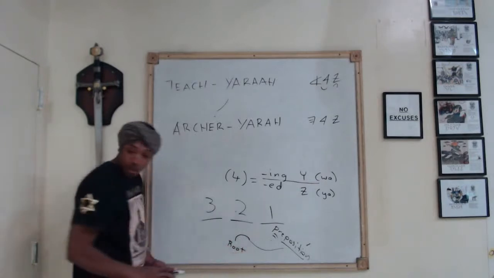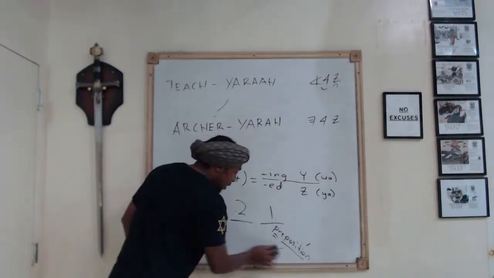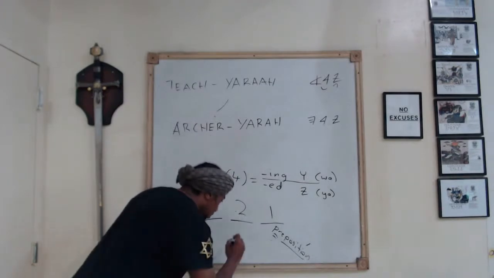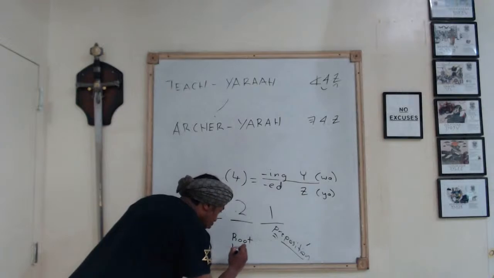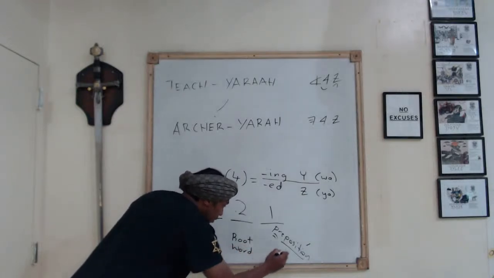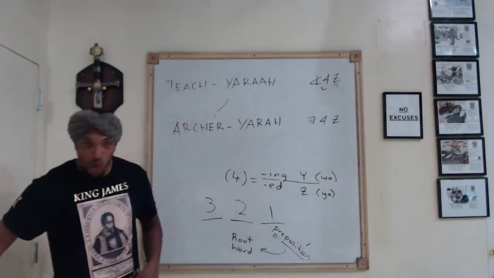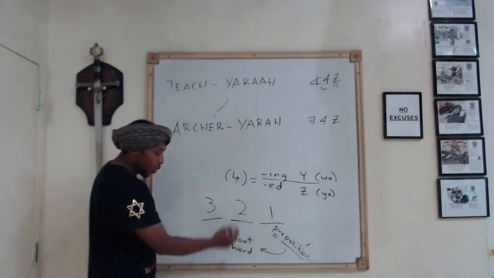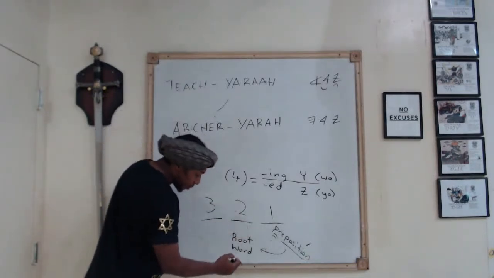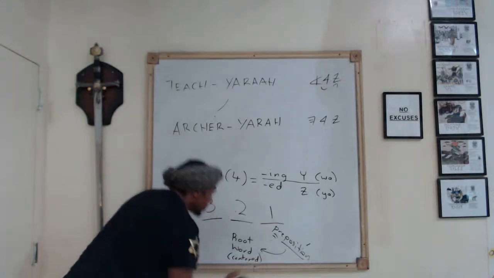The root word goes right in the middle. Let me place that root word a little better, because that has to be the center of attention at all times when reading anything in Hebrew, right? Root word. The word position is for the root word. Preposition means before the root word, right? So the root word is going to be in the center, right? The root word is always centered in the tenses, right?